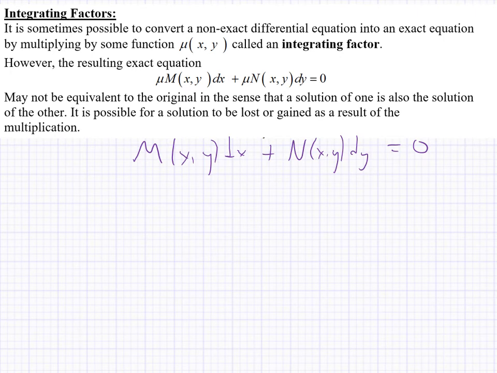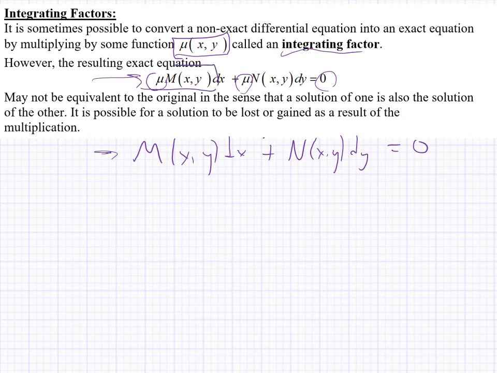But let's say, what if there was this function mu that we're going to call an integrating factor such that if we multiplied it through the equation, so we multiply this entire equation through by mu, so M gets multiplied by mu, N gets multiplied by mu, and the other side gets multiplied by mu, but that still stays 0. Let's say there's this function mu that if we did multiply the equation through by mu, we could create an exact differential equation.